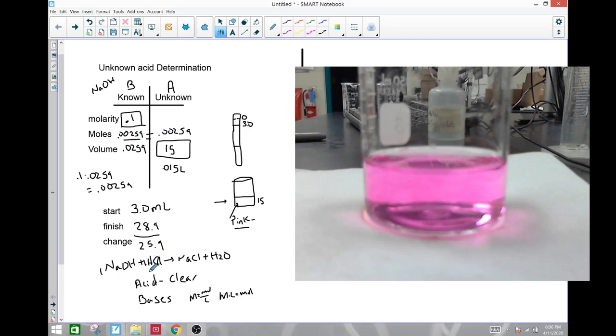I had originally 0.00259 moles of this. I added 0.00259 of this, and now they're both gone. And I now have 0.00259 of this, and I made 0.00259 more of that. They're both neutral.